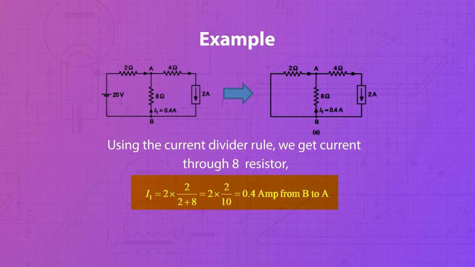So I1 equals 2 into 2 upon 2 plus 8. So this current comes to 0.4 ampere. Here you can notice the direction of the current is from B to A.